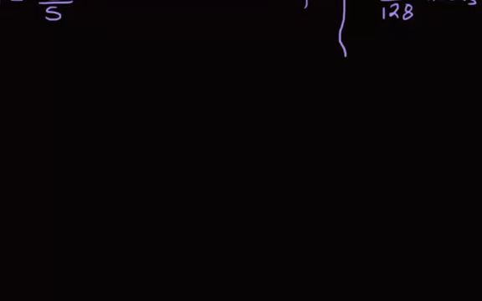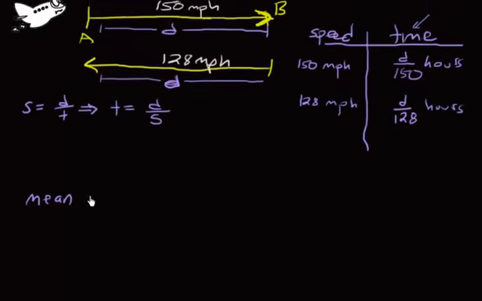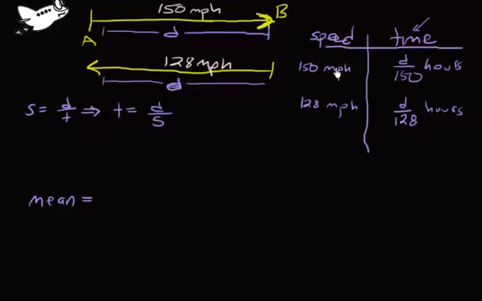Okay. All right, so how do you find the mean of a frequency distribution? Well, you would multiply across these two. So again, you have 150 miles an hour, but how many hours are you at that speed? Well, you have d over 150 hours going at 150 miles per hour.